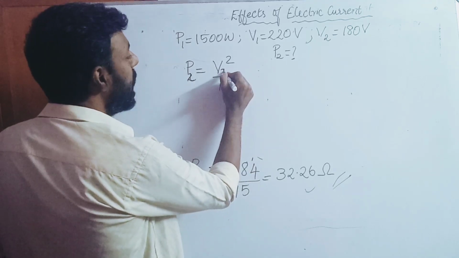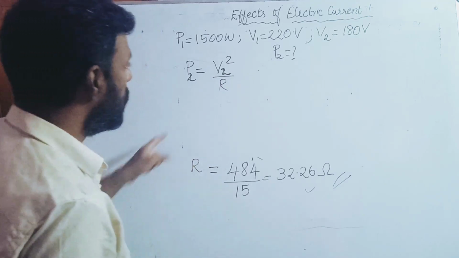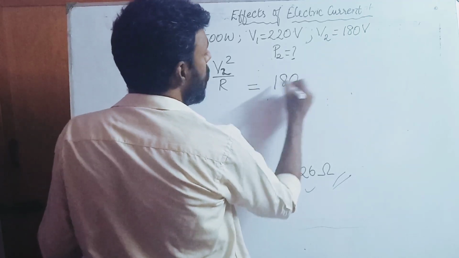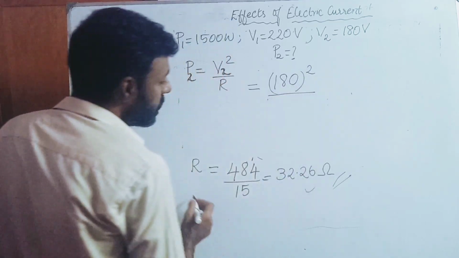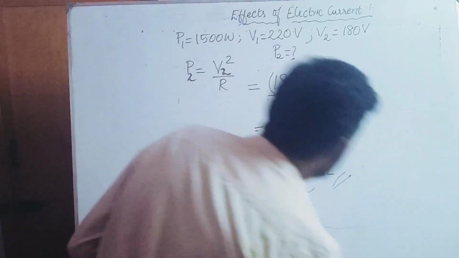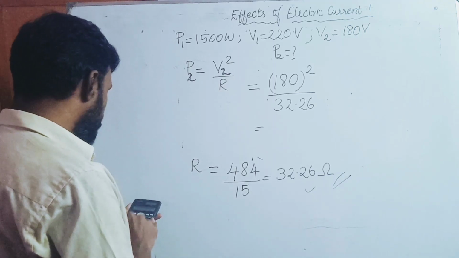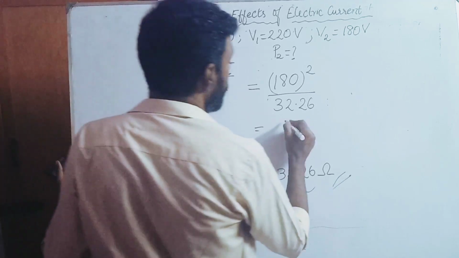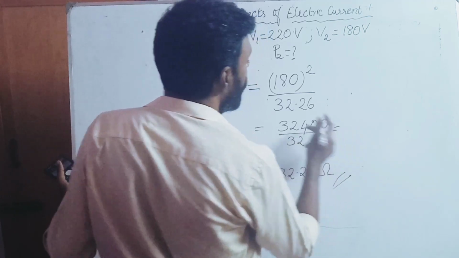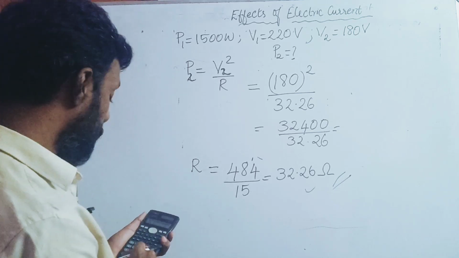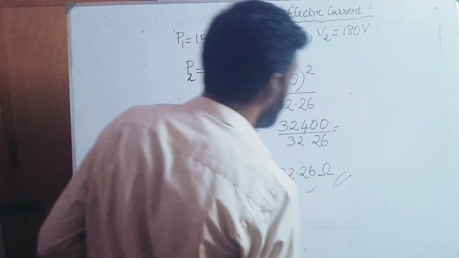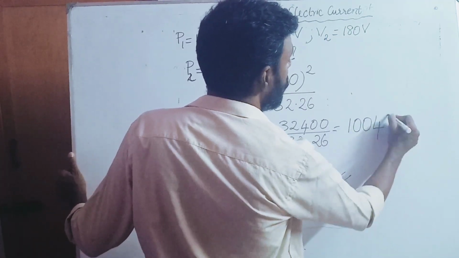So P2 equal to V2 squared divided by R. I know the value of V2 squared, which is 180 the whole square, divided by the value of R, which is 32.26. 180 into 180 is 32,400, and 32,400 divided by 32.26 is 1004 watts.